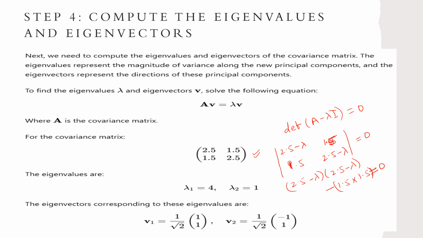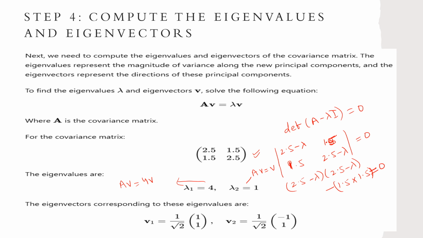Then for eigenvectors, I need to substitute all my eigenvalues in this equation. For the first eigenvalue, I'll have A of V is equal to 4 of V. For the second eigenvalue, I have A of V is equal to 1 of V. V is nothing but a vector.